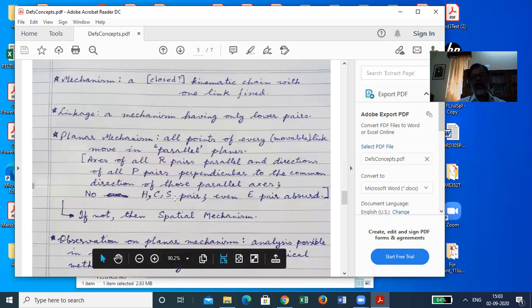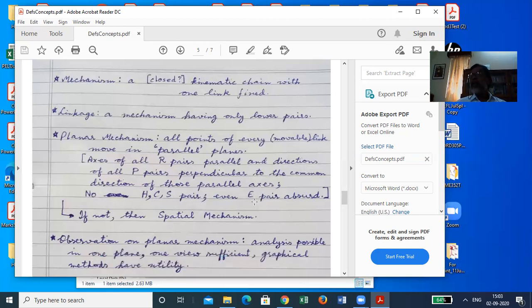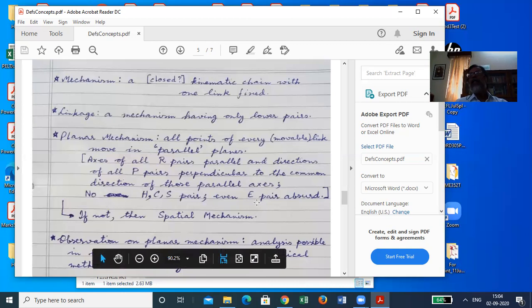Spherical pair, no. And even an E pair, the planar pair, is possible, but it is absurd, because what relative motions are possible at all between two bodies in such a mechanism? Fx, Sy, and theta. In order to have all points move in parallel planes, there are only three relative motions possible, and an E pair freely offers all three.